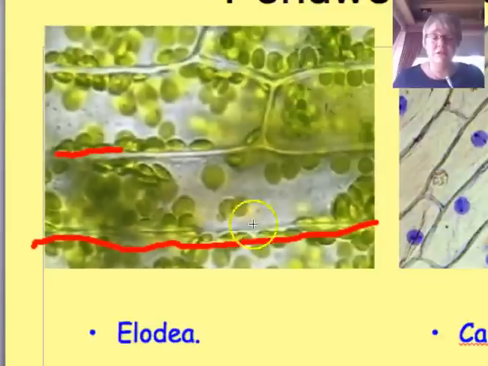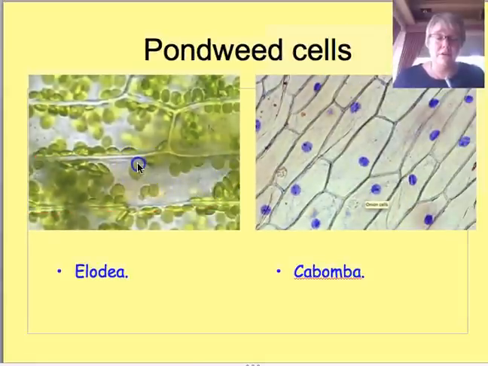Let me take it up in a wee bit more detail. There's the cell wall, and the cell membrane is there, and as well as that you can see these structures that are green in colour, and these are the chloroplasts, and you'll see there's lots of them inside here.